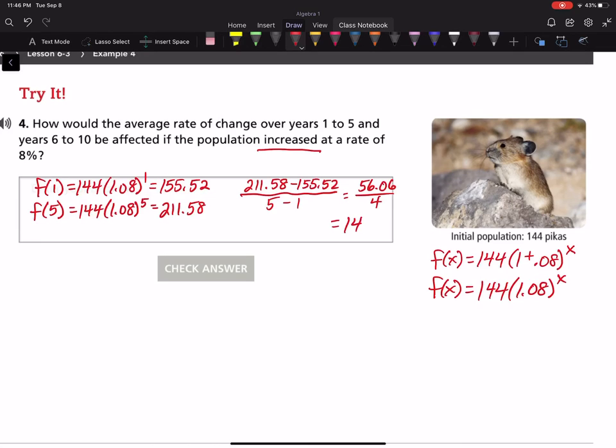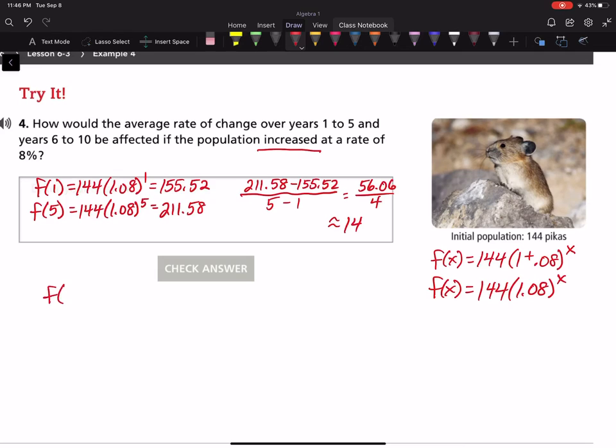That's 14.01. So really 14 pikas, we'll just say average. We'll round to 14 pikas increase per year for the years 1 to 5.